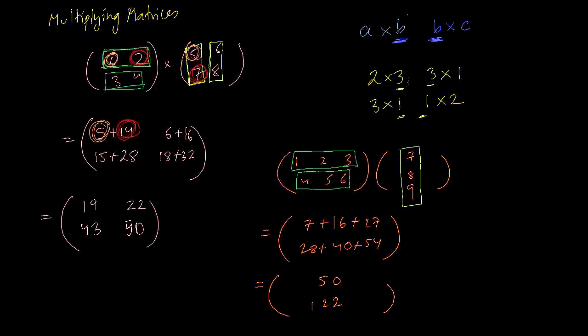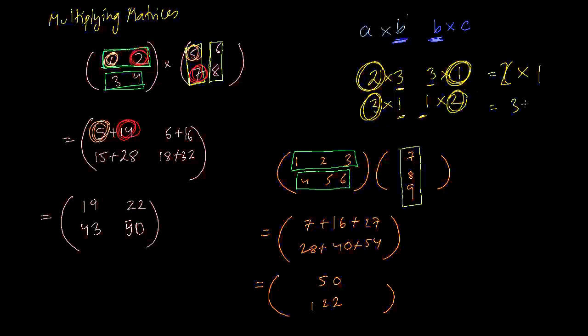Now if you notice, the size of this matrix is 2 rows and 1 column, 2 by 1. That means we can safely say that whatever is left over is the size of the remaining matrix, 2 by 1. So the size of this matrix is going to be 3 by 2.